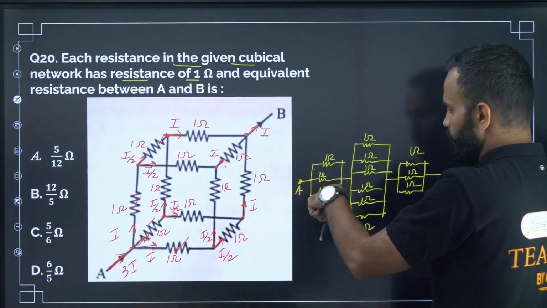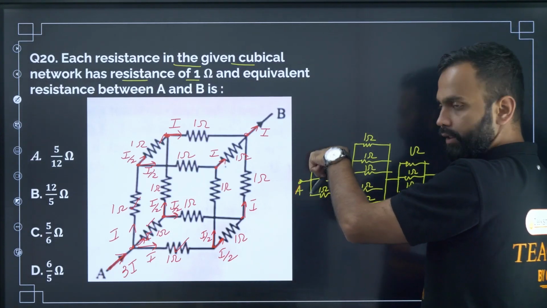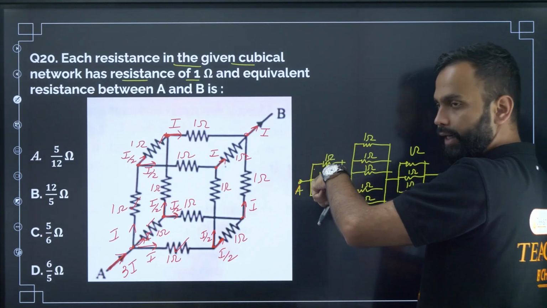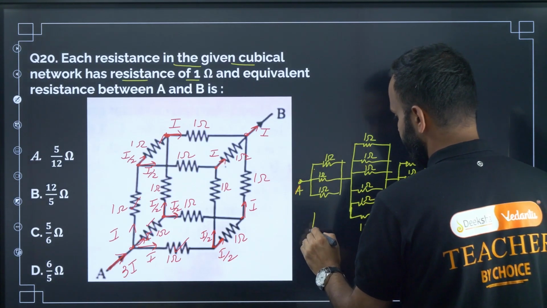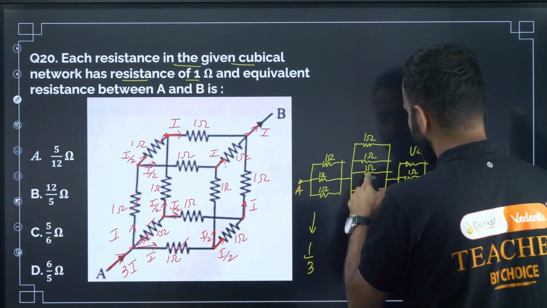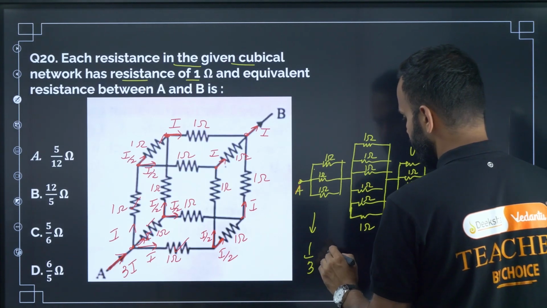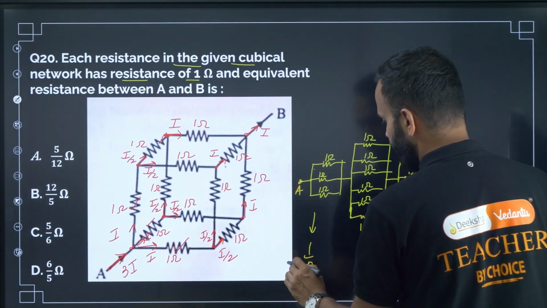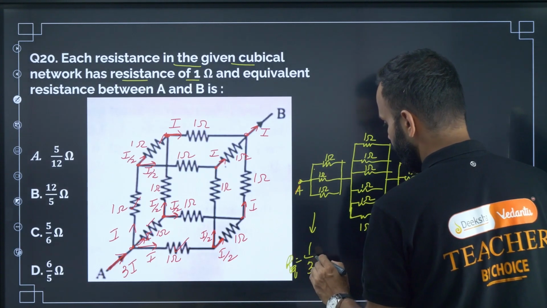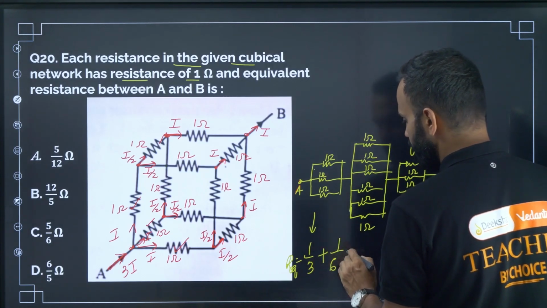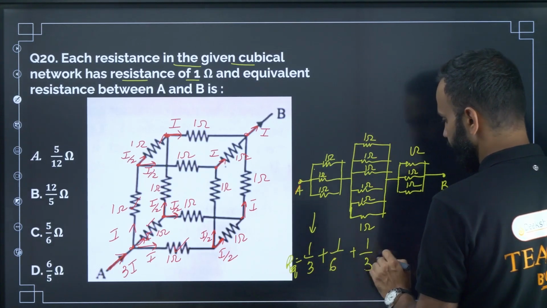Now, what is the equivalent resistance of these parallel resistors? That will be 1 by 3, 1 by 3, and here 1 by 6. So we are finding R equivalent. R equivalent is equal to 1 by 3 plus 1 by 6 plus 1 by 3.